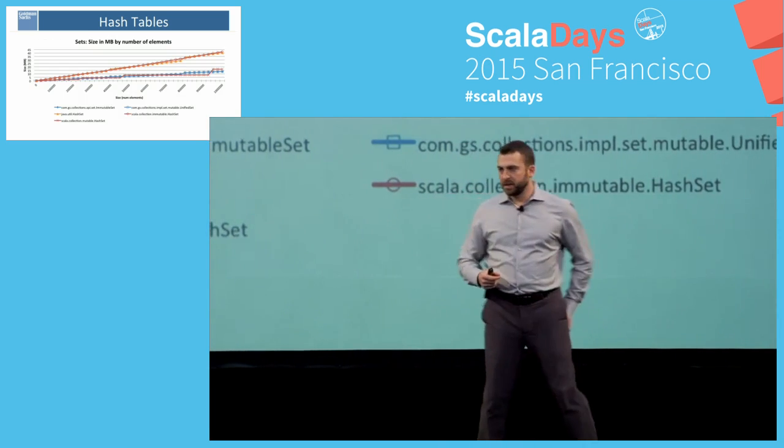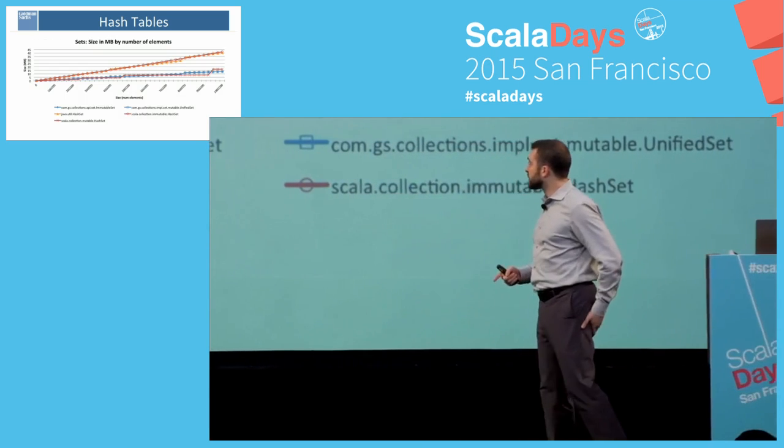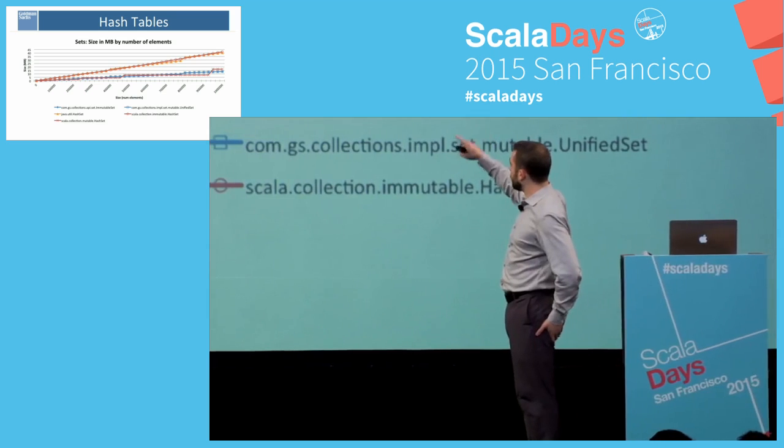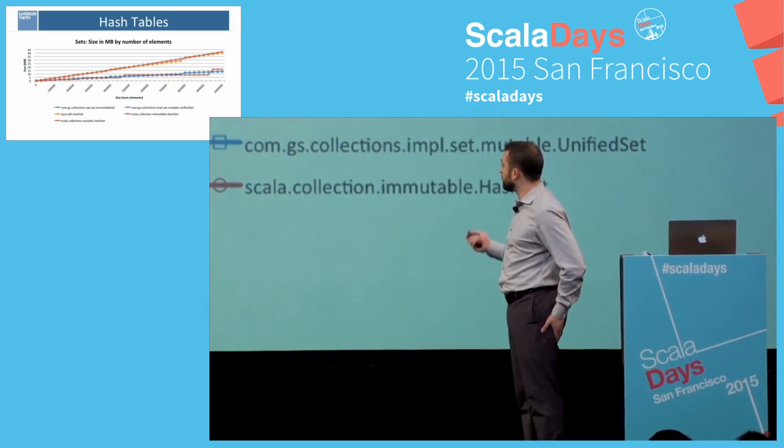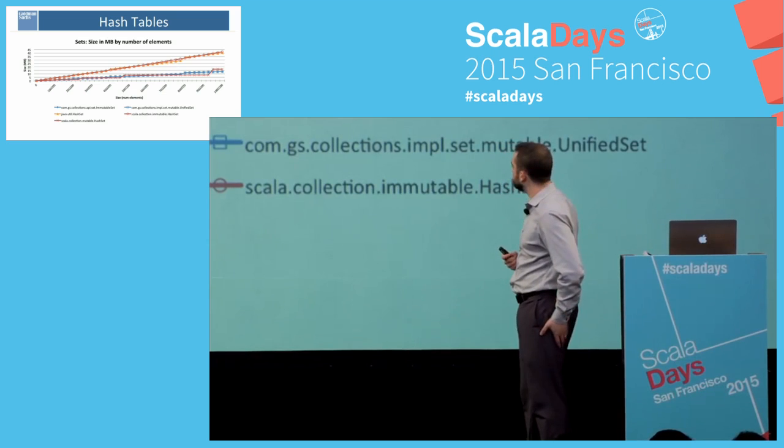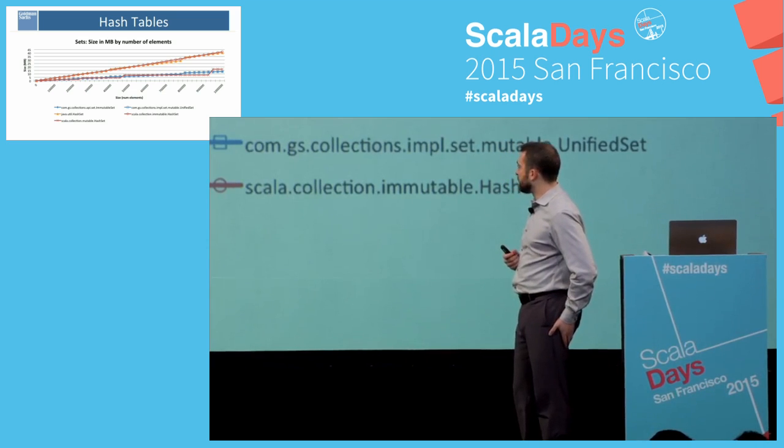And here we see the memory usage. At the top, we have kind of overlapping and crossing with each other, both the Java Util hash set, which wastes memory on entries, and the immutable hash array tree for the hash set, the immutable hash table. So they both use quite a lot of memory.